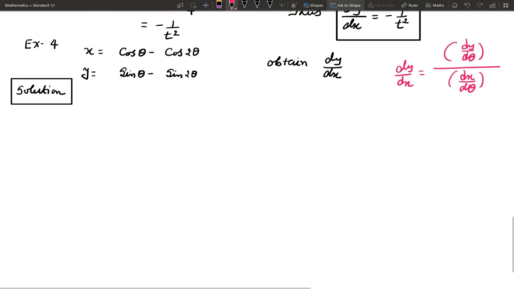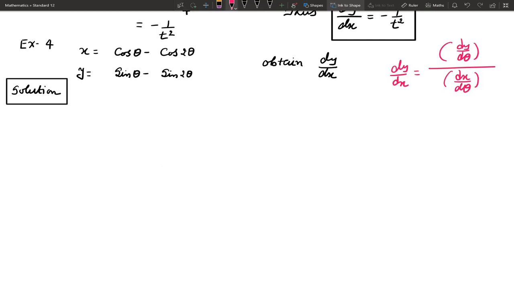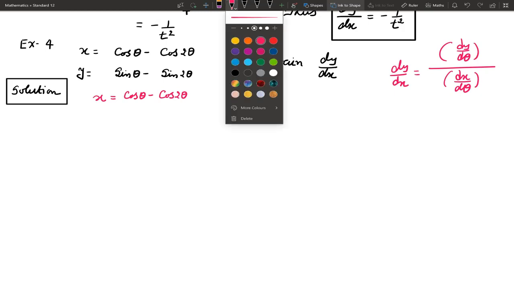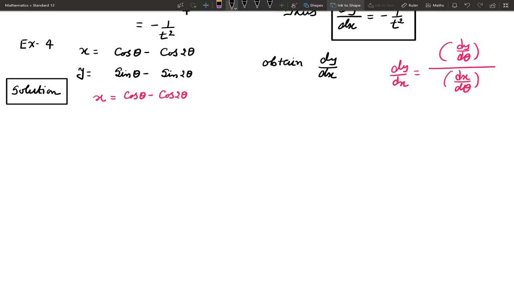So x equal to cos theta minus cos 2 theta. Therefore dx by d theta, derivative of x with respect to theta.